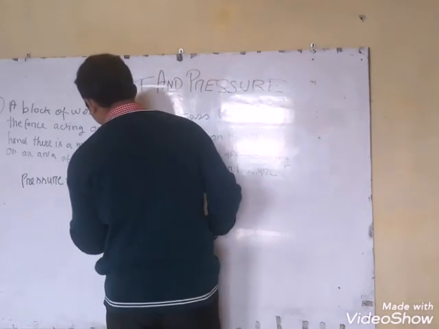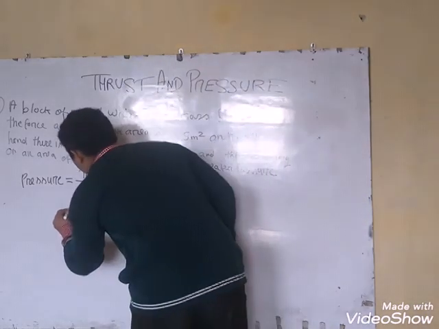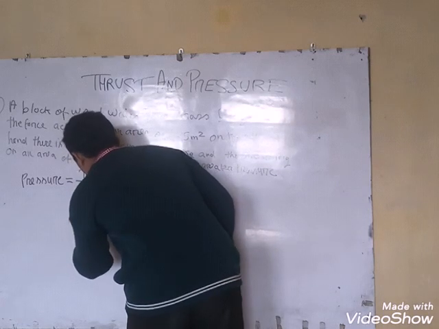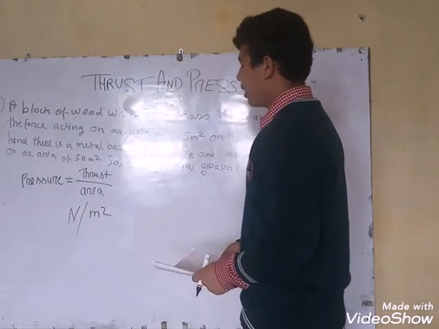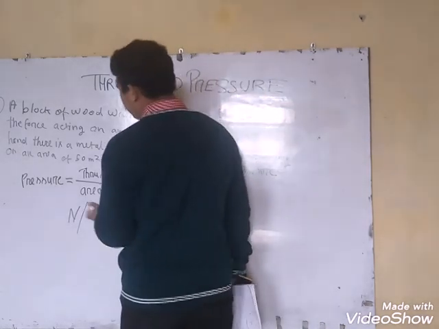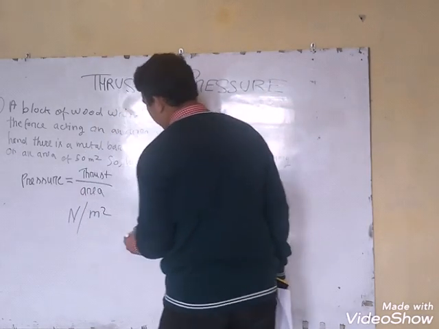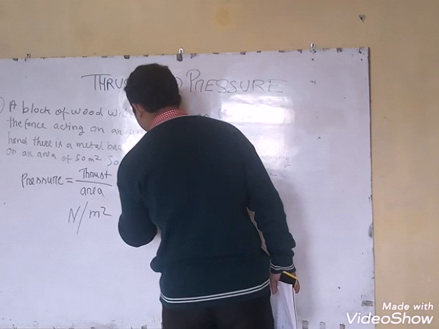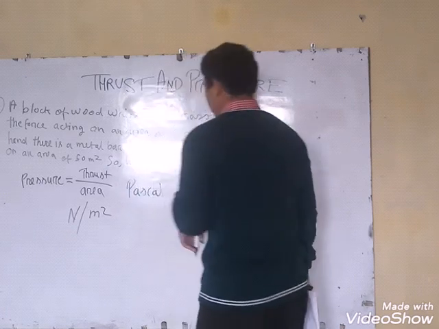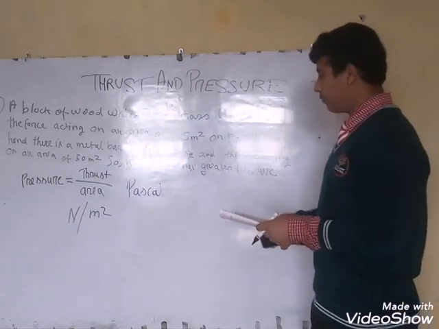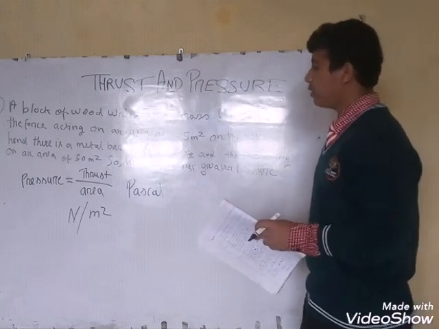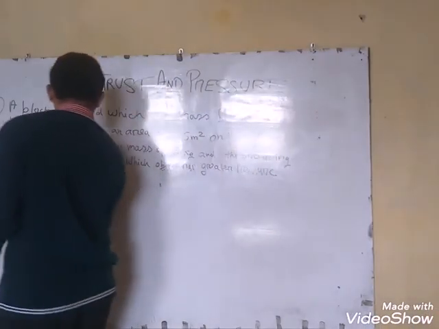The unit of this formula is Newton per meter square. This unit is also written as Pascal, which is the SI unit of pressure. So let's do a question.